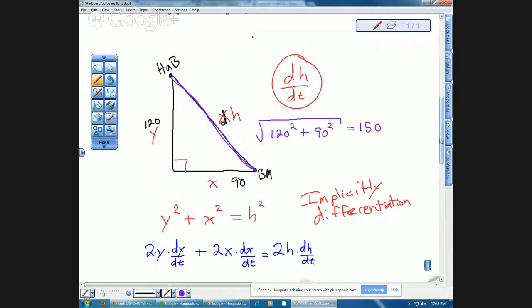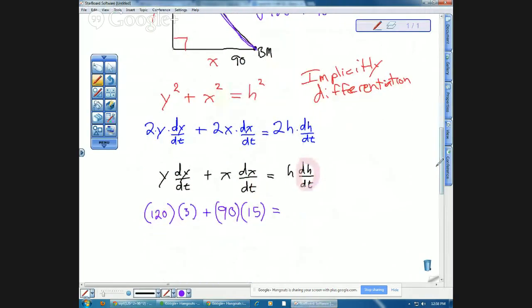So let's go back down to our equation. We now know that h is 150. The only thing that's unknown right now is what I was asked to find, dh dt. Can I find that easily now? I just multiply, add, and then divide by the 150. Boom, I'm done. Okay, so tell me what is dh dt, please. Please do that arithmetic.